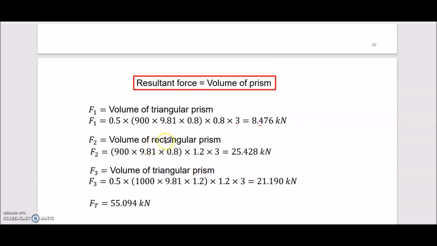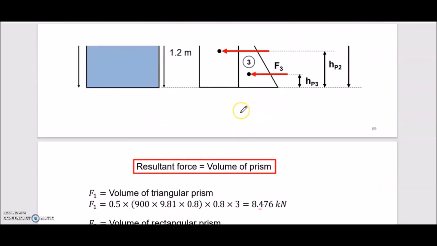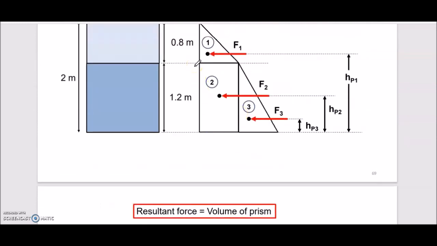Now calculate for the rectangular prism. Again, because of the oil, we use 900 times gravity, times the depth 1.2, and the width is 3.